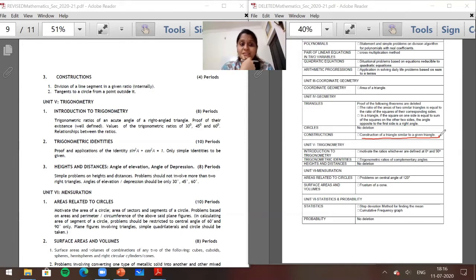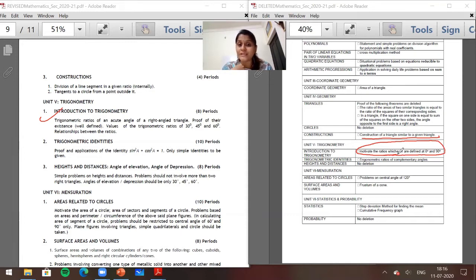So as far as trigonometry is concerned, obviously the basics of trigonometry, ratios, acute angle theorem, all these things are there. Now, ratios defined from 0 to 90 degrees have been removed. This was a very important topic.